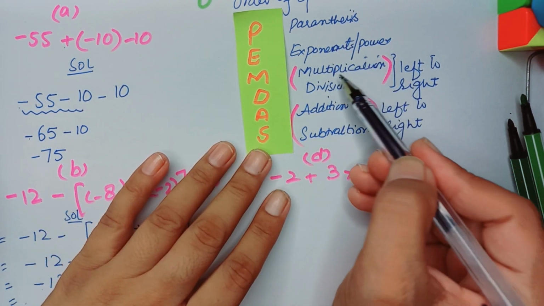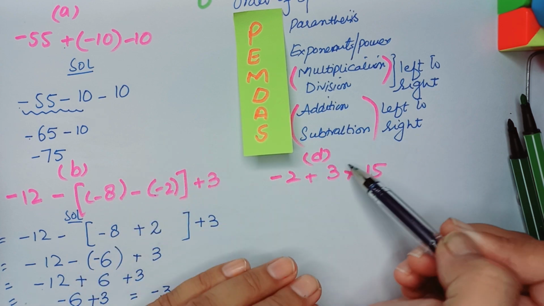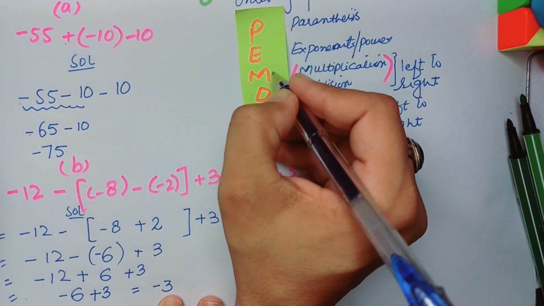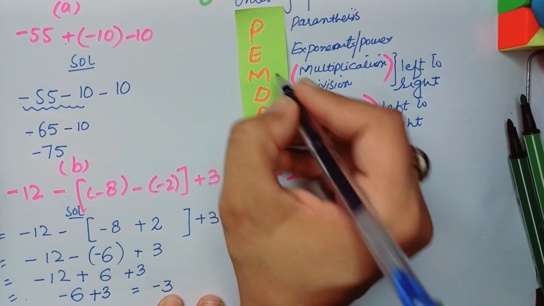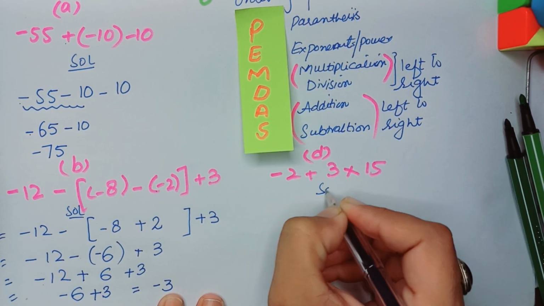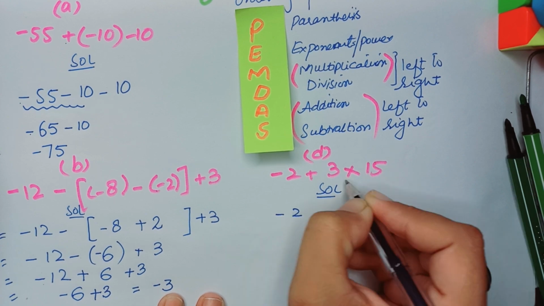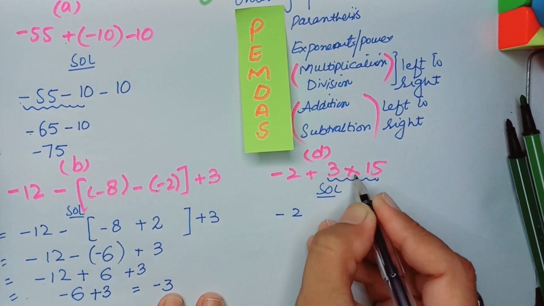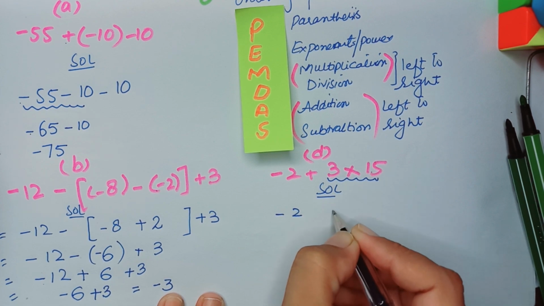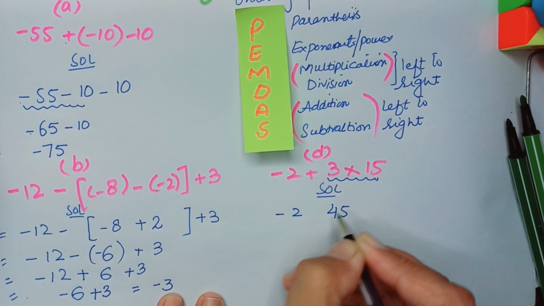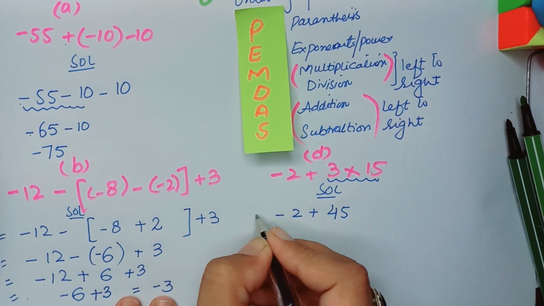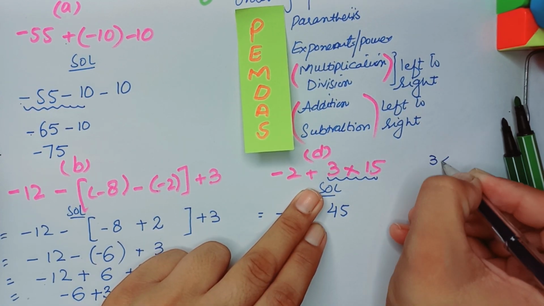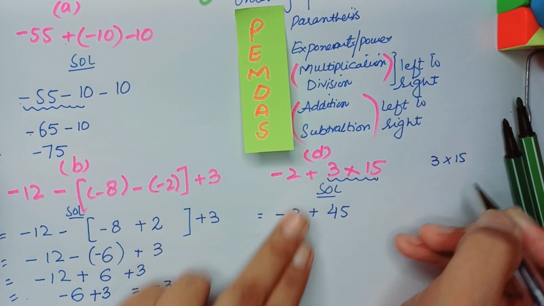Then we have multiplication, addition and subtraction. So first we have to target multiplication. So minus 2 will be as it is, and we have to perform this multiplication first. So 15 3 times 45, and here we have plus sign, like the two positive numbers are being multiplied.